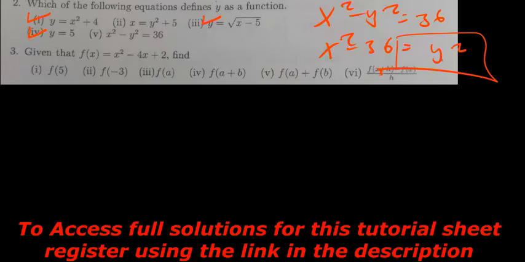Even if x is raised to the power 2, still this is not a function. So this is how you know that the equation defines the function, knowing that y should be alone and y should not be raised to power 2 or to power 3.